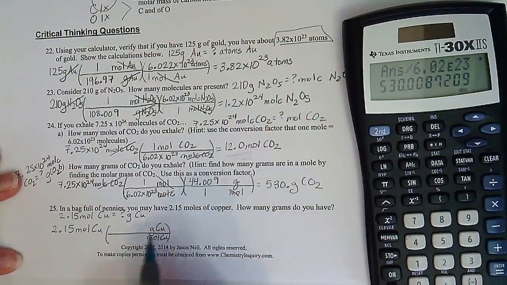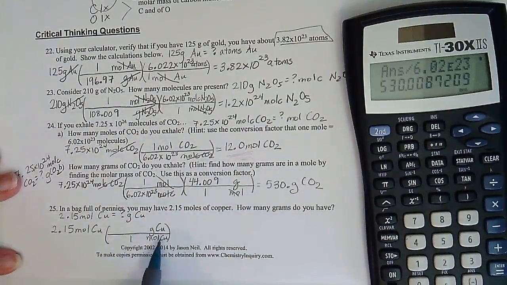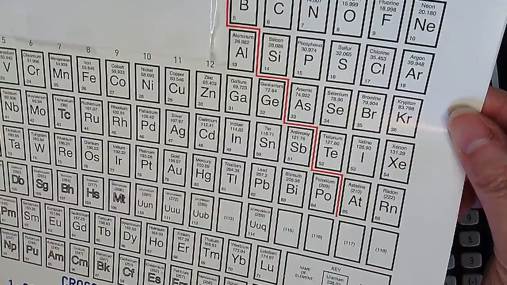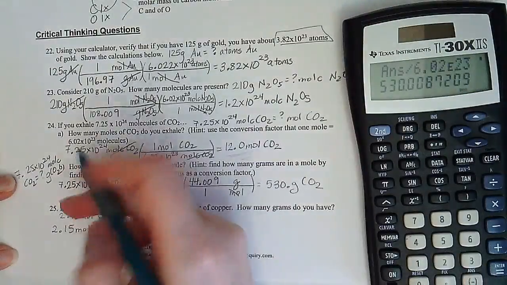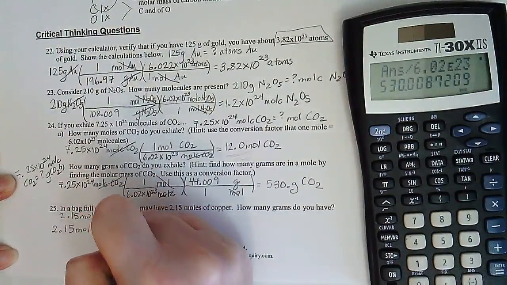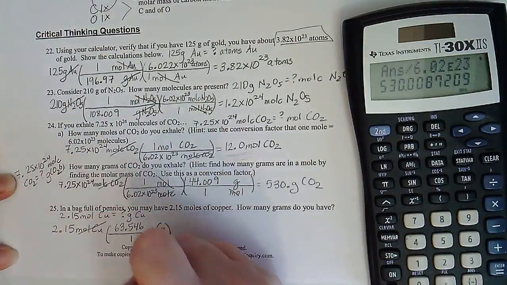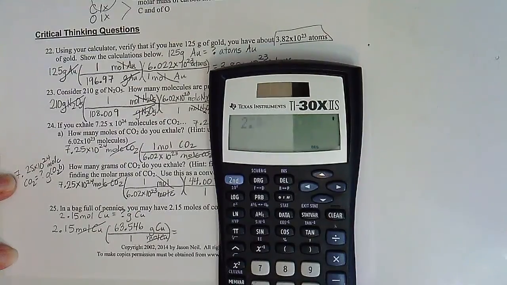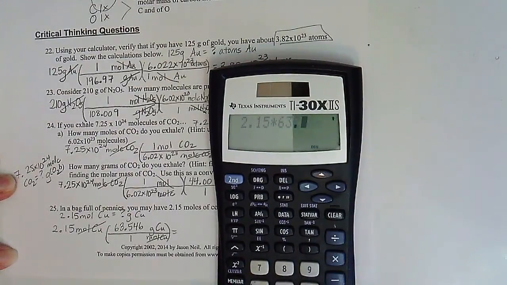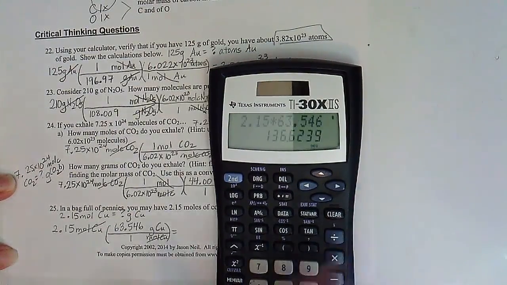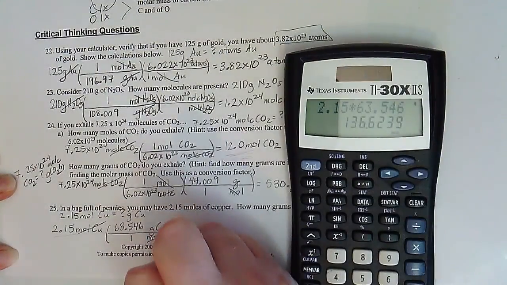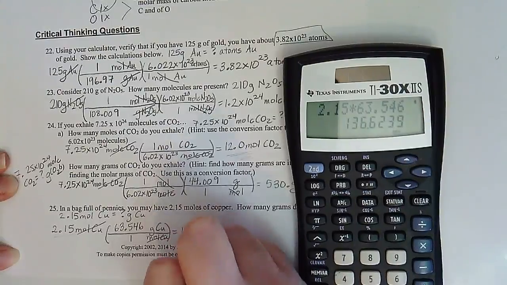And again, this comes from my periodic table, and because it's just copper, I look up my mass of copper on my periodic table, which is 63.546. So 2.15 times 63.546. I should have 3 significant figures, so I'm going to write this as 137 grams of copper.